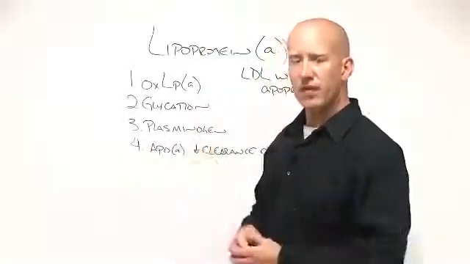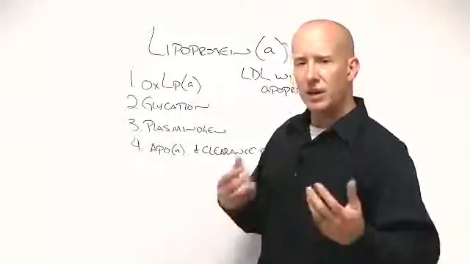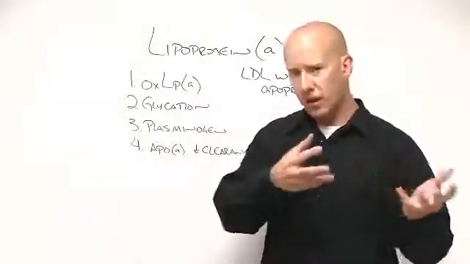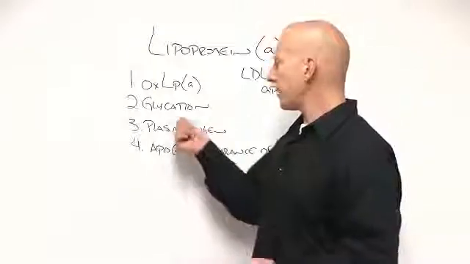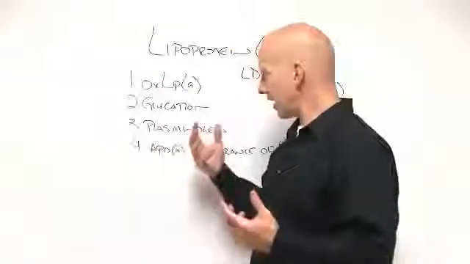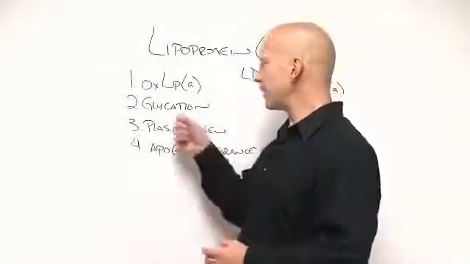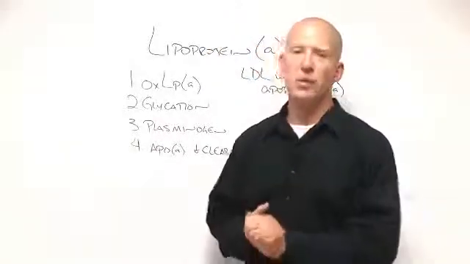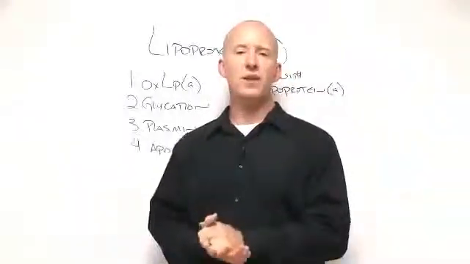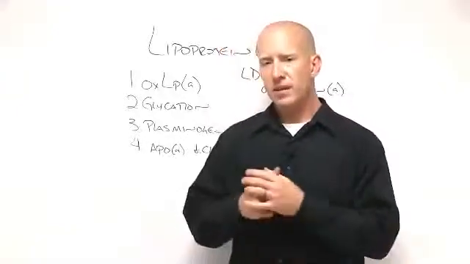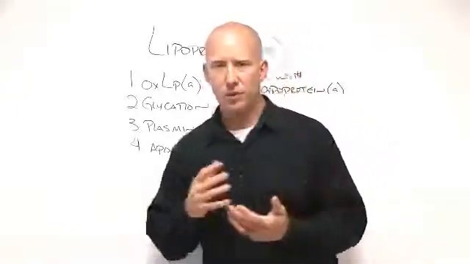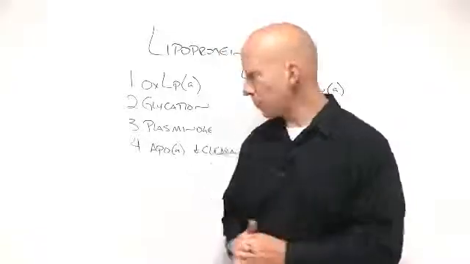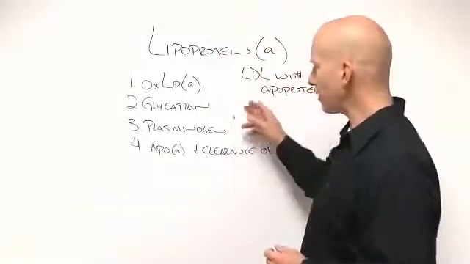Hemoglobin A1C, for example, is glycated hemoglobin, which has a protein component in it. Lipoprotein(a) has a protein component too, and it seems that it may be glycated more readily, which would also help explain why individuals with elevations in lipoprotein(a) seem to also have a family history of diabetes. So that's another genetic component.